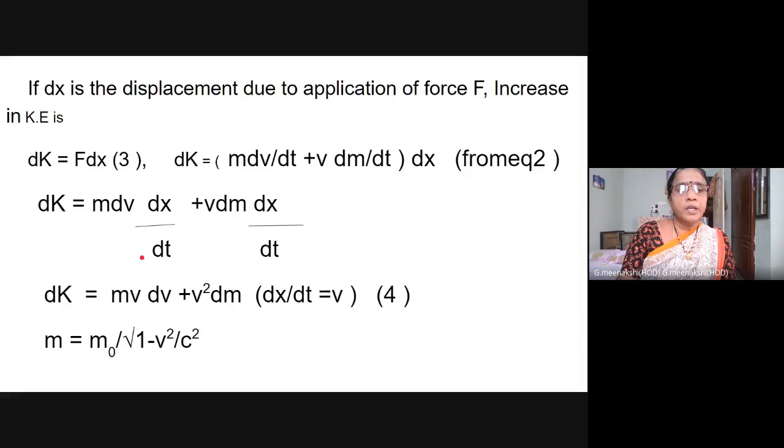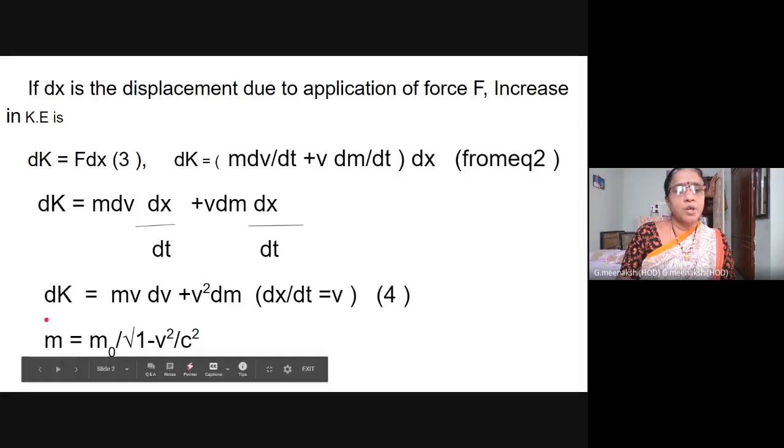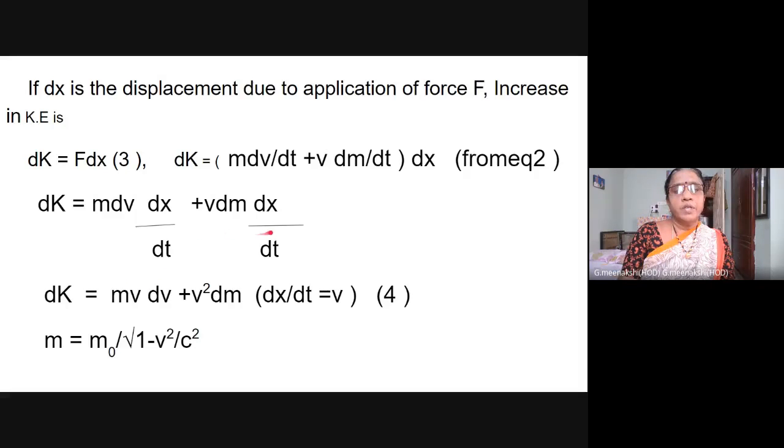Here again, dx by dt is nothing but the rate of change of displacement, which is equal to the velocity v. So the increase in kinetic energy now becomes m v dv plus v square dm.